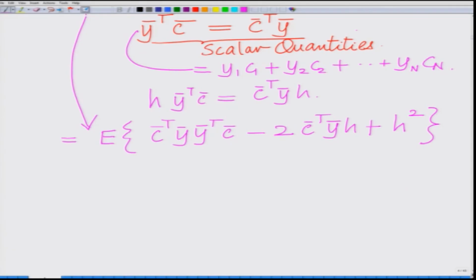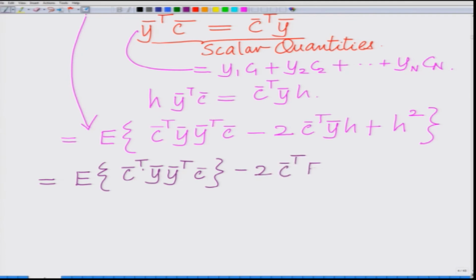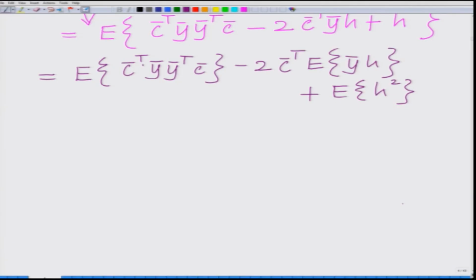Now, we will take the expectation operator inside, term by term: expected value of C bar transpose y bar y bar transpose C bar minus twice C bar transpose expected value of y bar h plus expected value of h square.